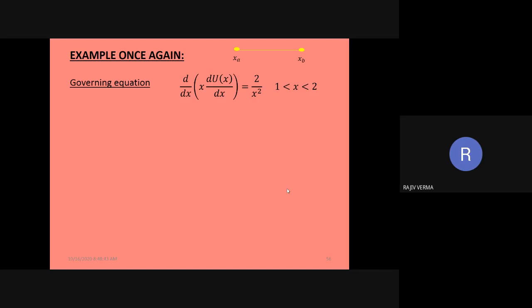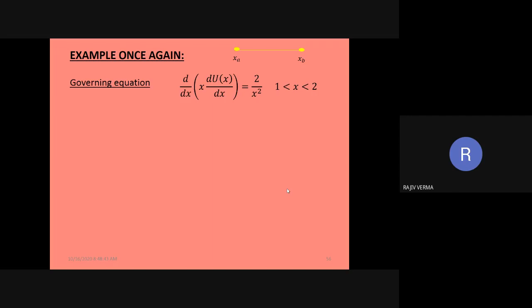that is, if we simply change the domain location, we are not changing the governing equation, we are changing the domain position. Still, we are going to get the same solution for u. What I want to say is that the solution to the problem is not dependent upon domain. ठीक है, जो प्रॉब्लम का जो सॉल्यूशन है वो डोमेन डिपेंडेंट नहीं है.